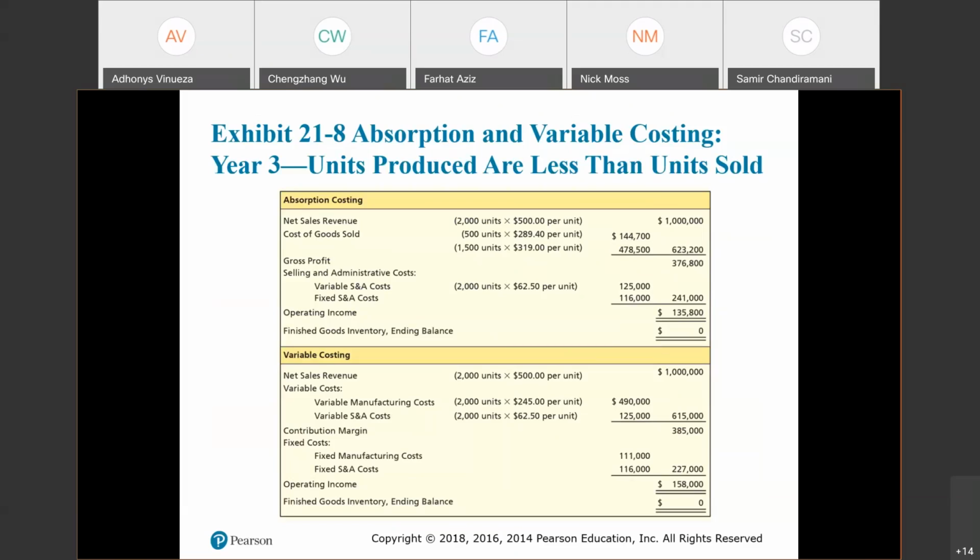We get the operating income to be $135,800, which is less than the operating income on the variable costing, $158,000.